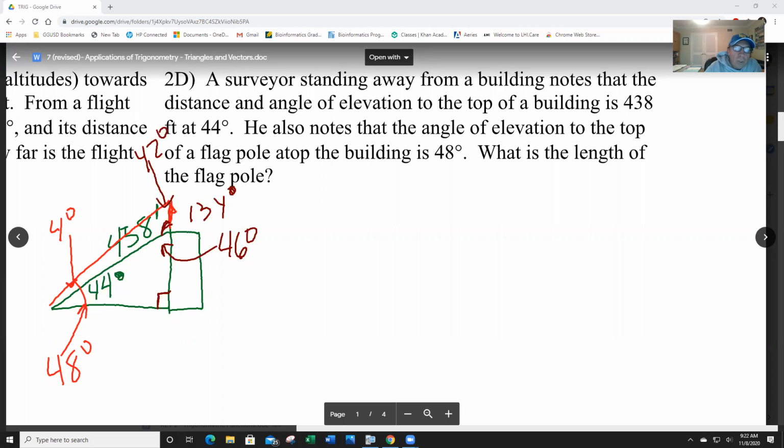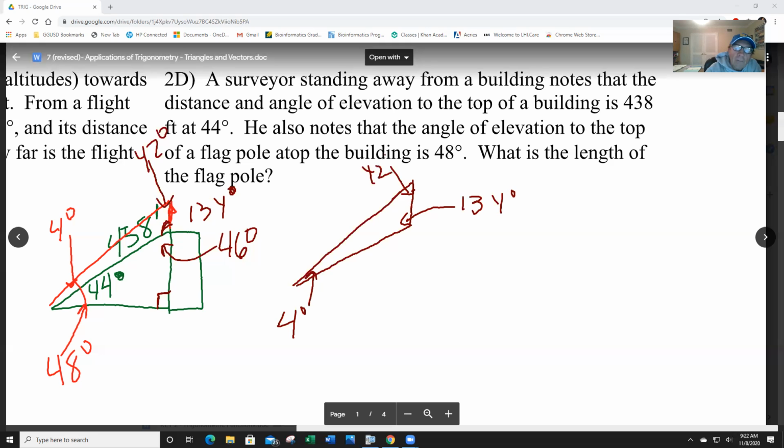So let me just redraw what we're looking at. Okay, something like this, right? So this is 134. This is 4 degrees. And this is 42 degrees.